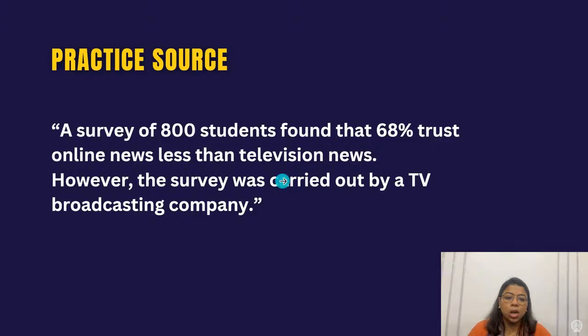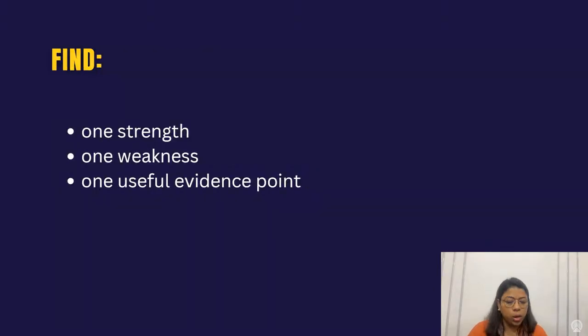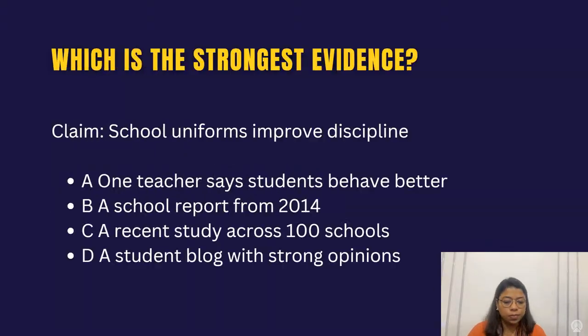All right. So I have already answered these three things. Now, which is the strongest evidence over here? One more question. School uniforms improve discipline. One teacher says students behave better, a school report from 2014, a recent study across 100 schools, and a student blog with strong opinions.